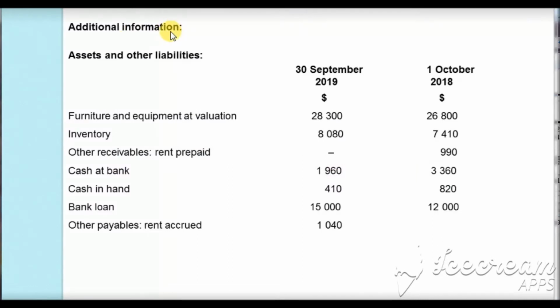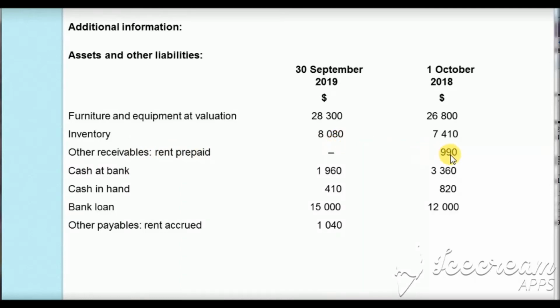Furthermore, additional information is provided. Assets and other liabilities on 30th September 2019 and on 1st October 2018 are as follows. Furniture and equipment at valuation $28,300 and $26,800. Inventory $8,080 and $7,014. Other receivable, rent prepaid, we don't have any value on 30th September 2019.